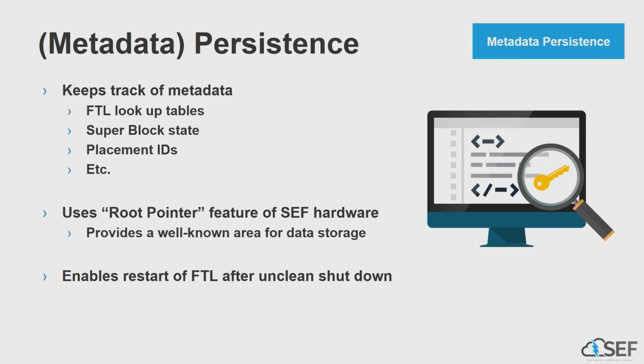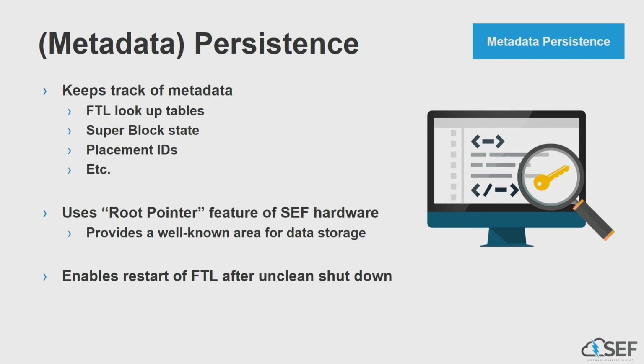As mentioned earlier, the metadata, the state of the superblocks, as well as the lookup tables, translation tables between logical addresses and physical addresses, can be persisted through metadata persistence. The interesting thing here is you provide a pointer to the metadata you want to persist, which you call the persist functionality, and it returns essentially a root pointer to that data.